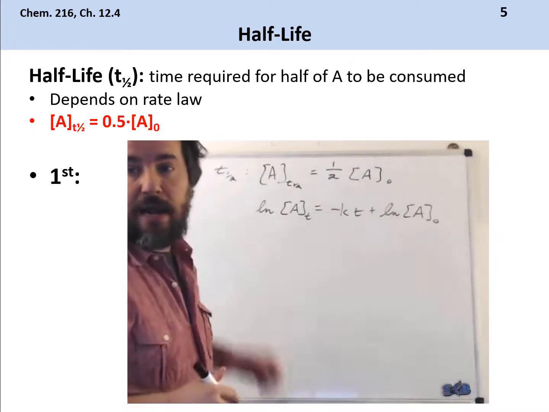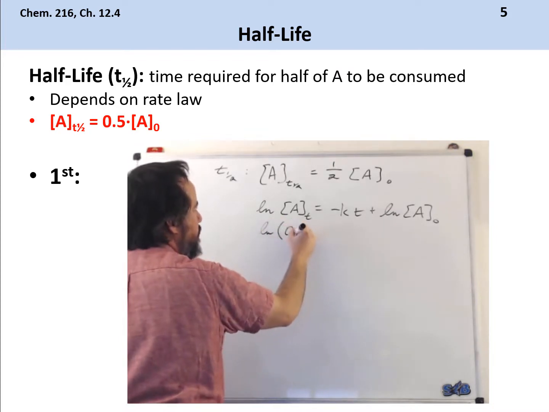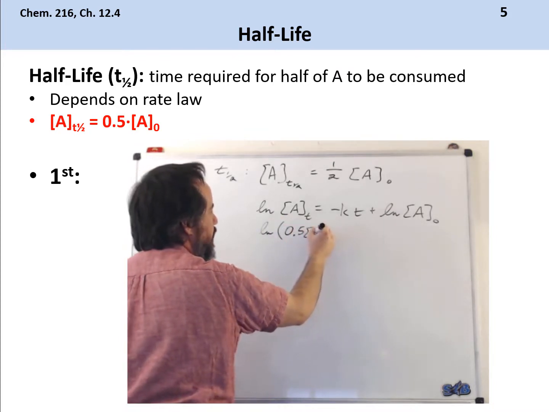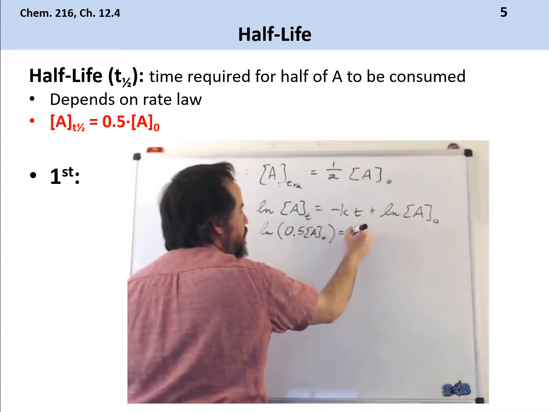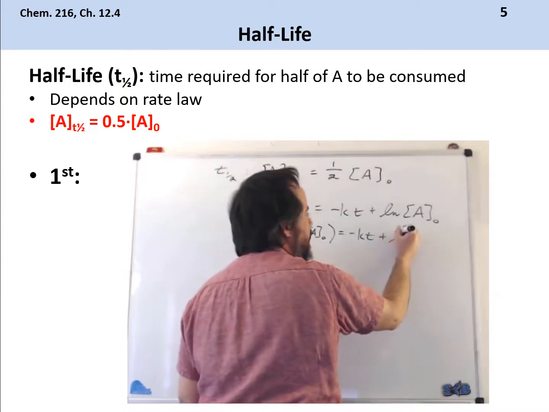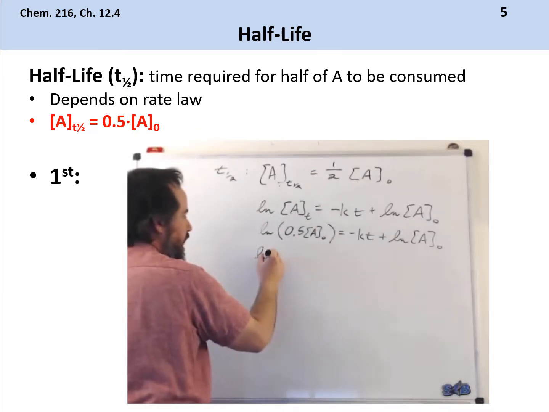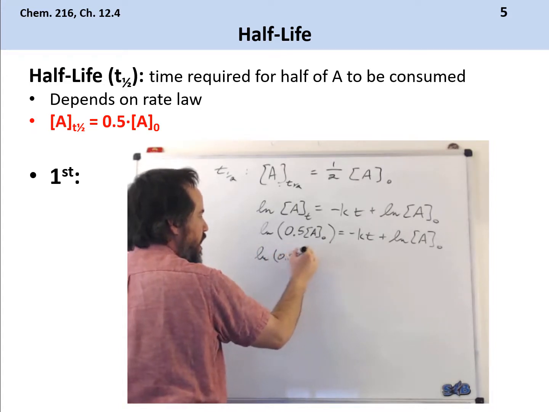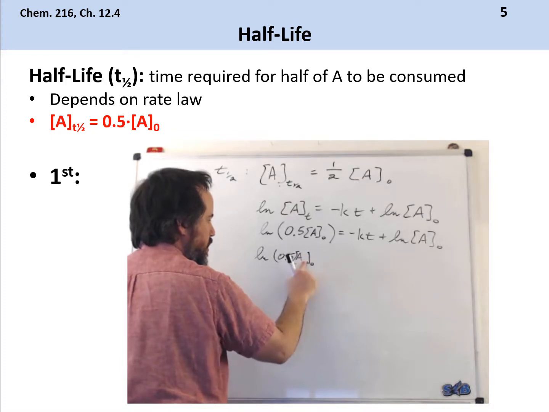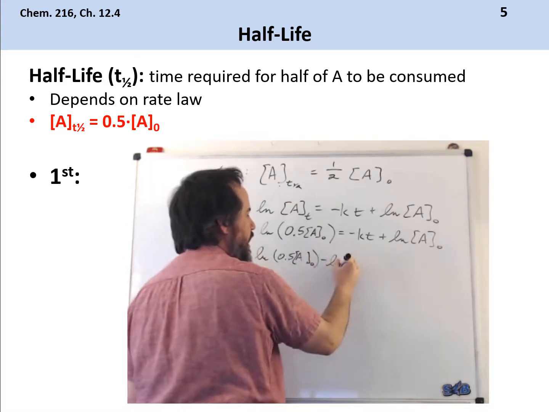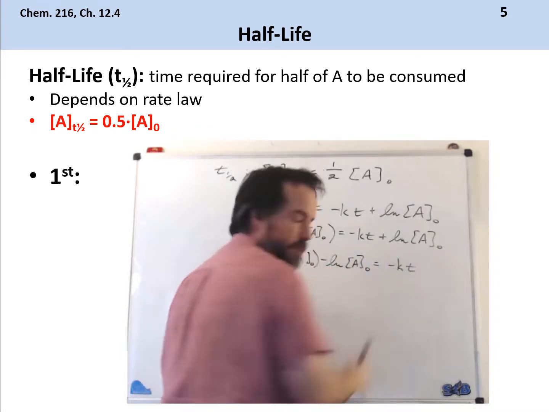So I'm going to go ahead and plug these things in. ln of 0.5 times A naught, I'm plugging this in for A_t, equals negative kt plus ln A naught. I can move this over such that ln of 0.5 A naught minus ln of A naught equals negative kt.